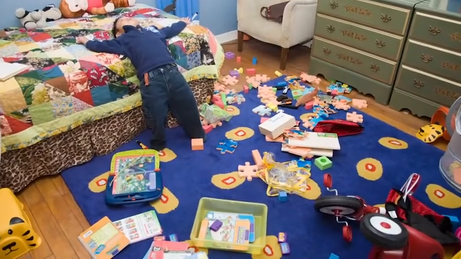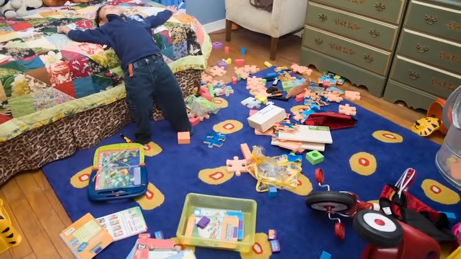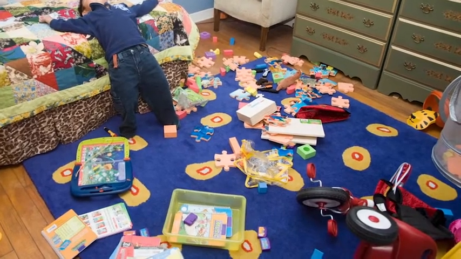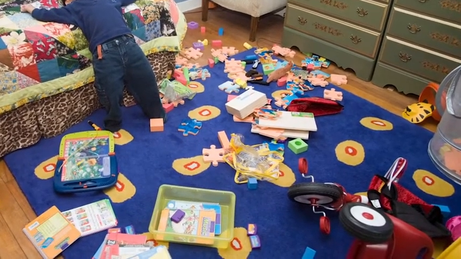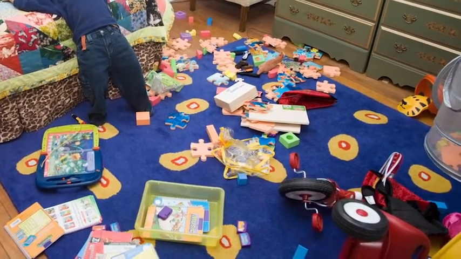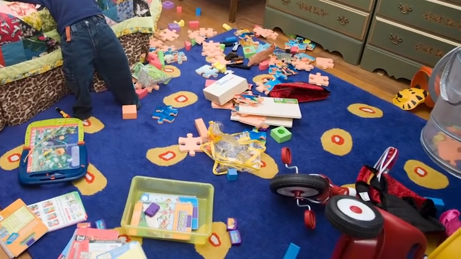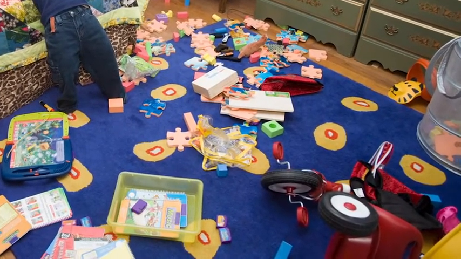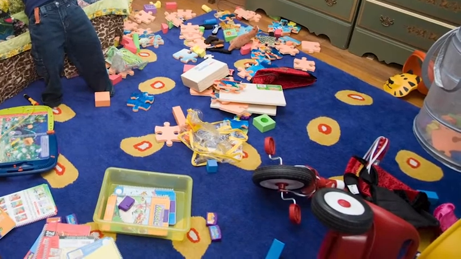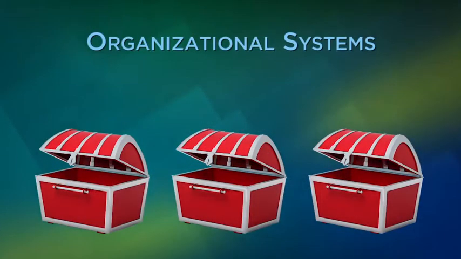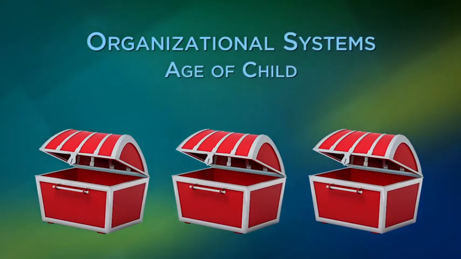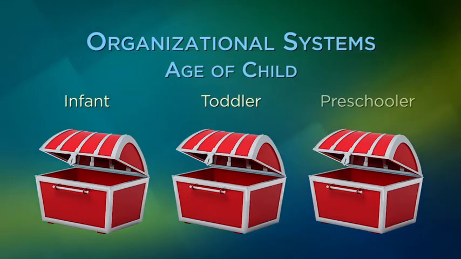Imagine you walk into a child's playroom and it's filled with toys all over the floor. Along one wall are a series of unlabeled toy boxes, and you need to come up with a system to organize the toys and then label the boxes. What do you do? Well, one option could be to organize the toys by age of the child. One box could be labeled infant, another toddler, and a third preschooler.